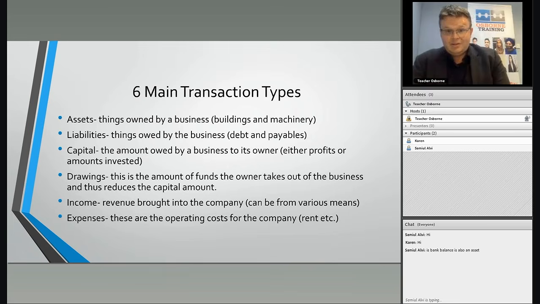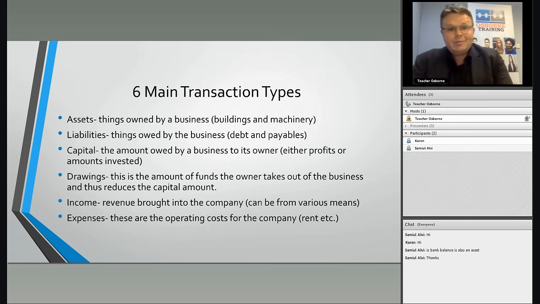But we have to be very careful that from the bank's perspective, we switch it around. So if we've got a credit balance, that's an asset for us. If our bank balance in our bank statements says a debit, then we owe them money. So we always have to be a bit careful with that. You have to see from whose perspective it is. If it's from our perspective, if it's a debit, it's good. If it's from the bank's perspective, if our bank balance says debit, it's actually a bad thing.